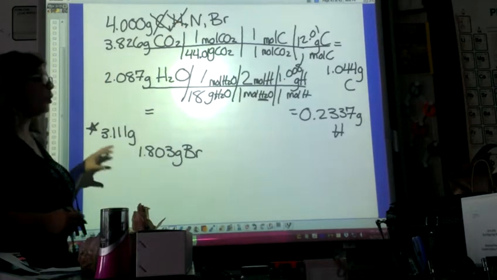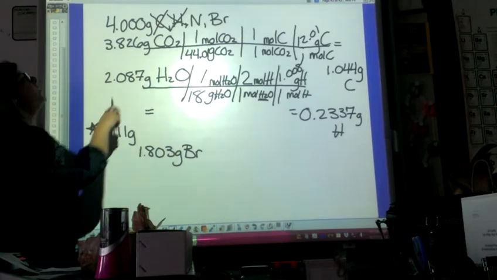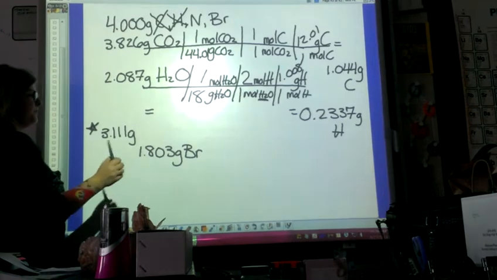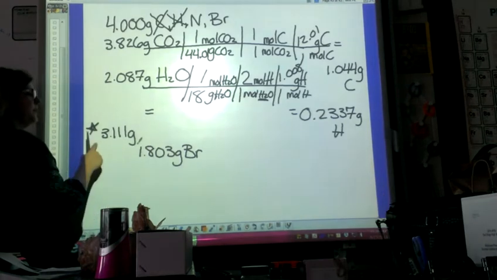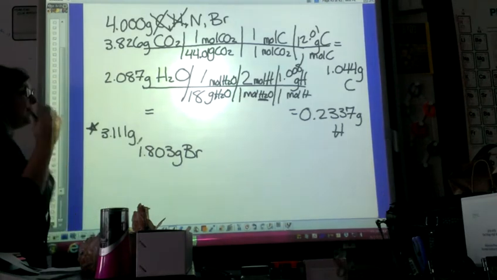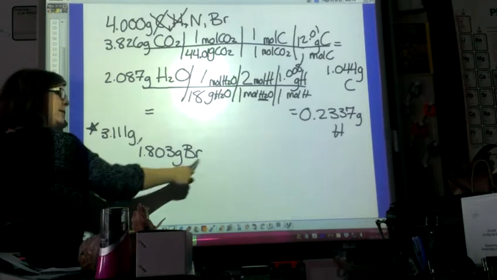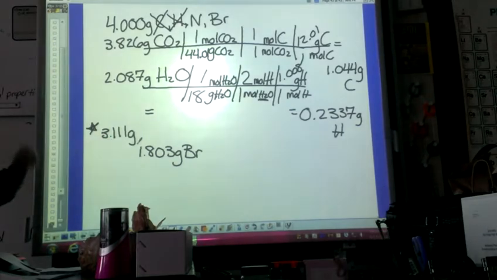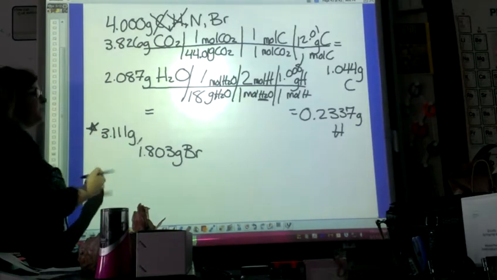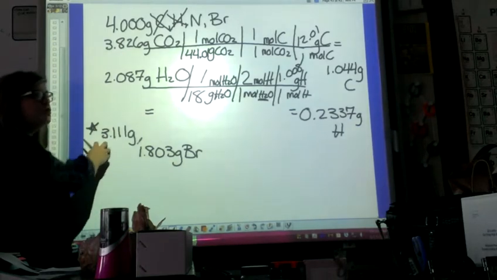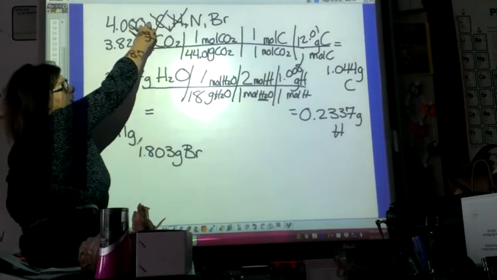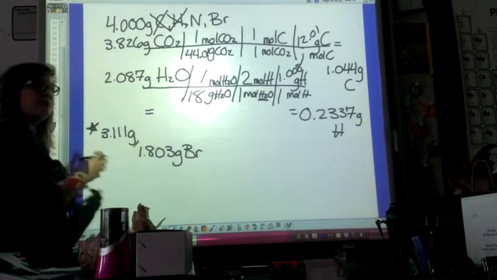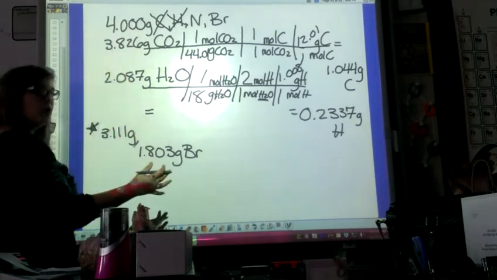In the problem, they told me I have another sample just like this that has carbon, hydrogen, nitrogen, and bromine in it. And that particular mass of that sample is 3.111 grams. I know specifically for this one that bromine takes up 1.803 grams of that sample. This compound should have the same empirical formula as the other compound, so bromine should be in the same ratio as the one that has the 4 grams.